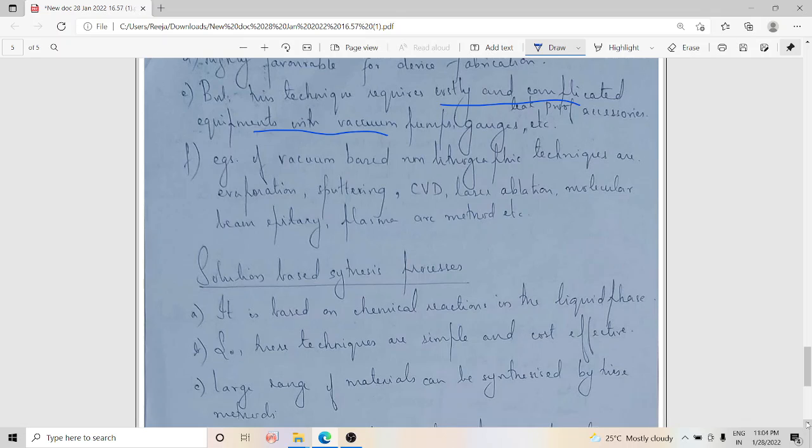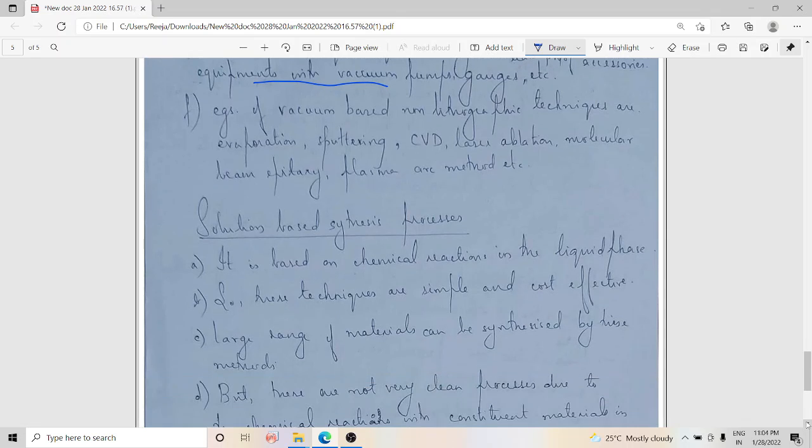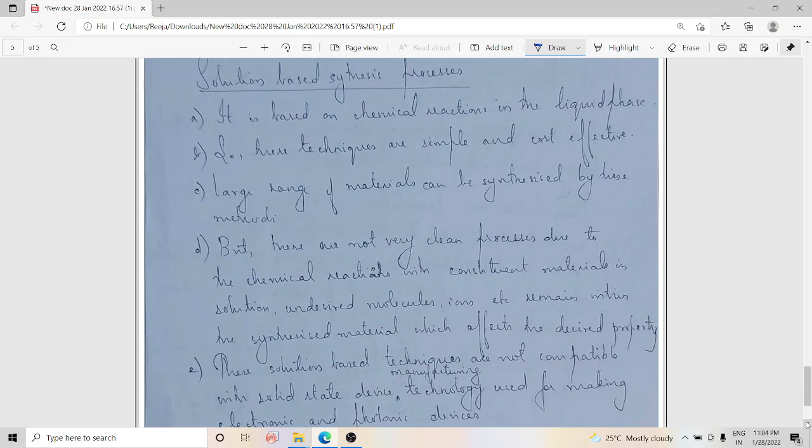Next, the solution-based synthesis process. It is based on chemical reactions in the liquid phase. So these techniques are simple and cost-effective.